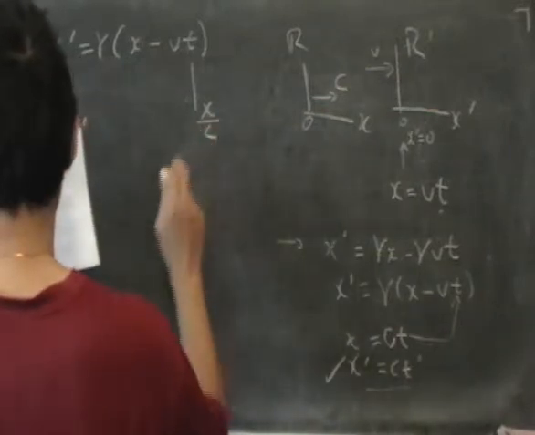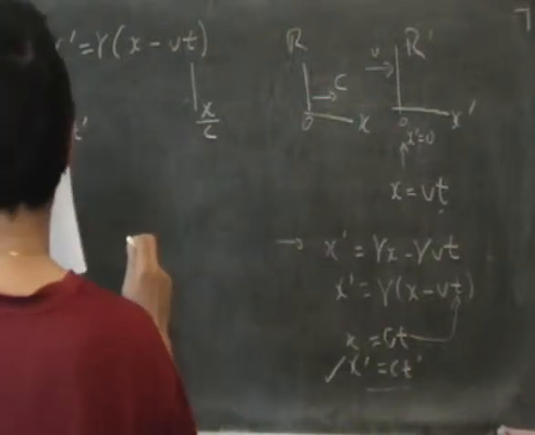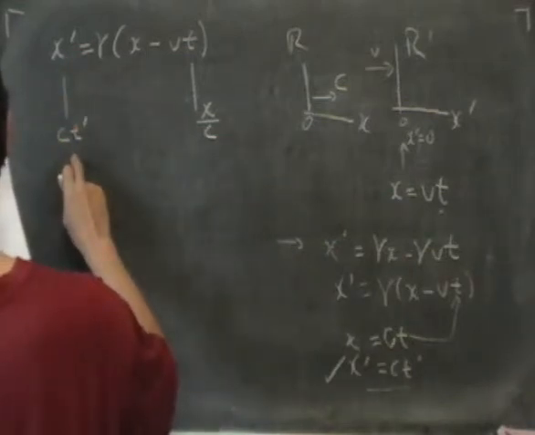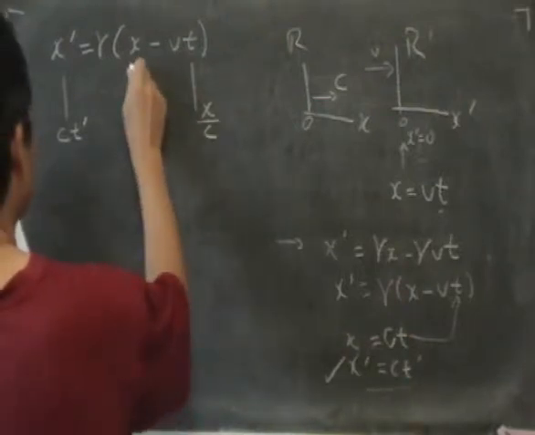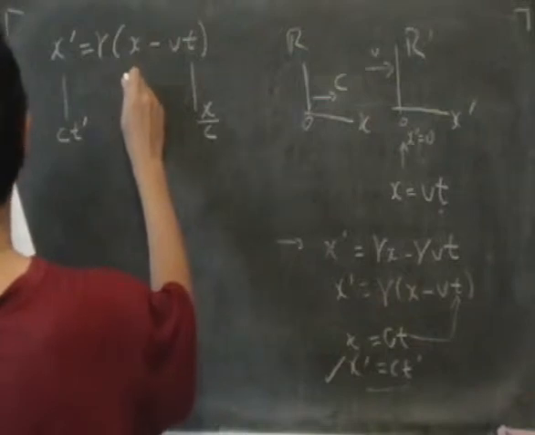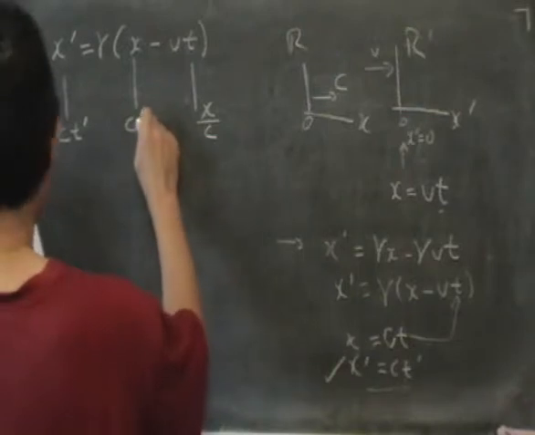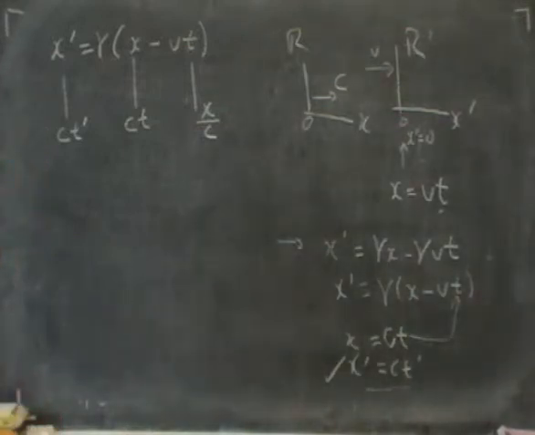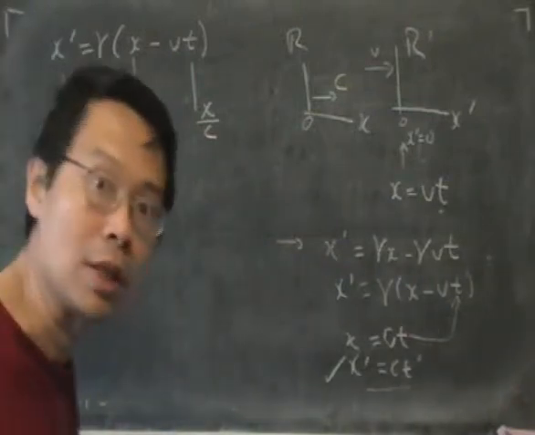x over c. x prime is ct prime, and the x there is equal to ct. So to have it in terms of time, I simply make use of the relation between time and the speed of light.